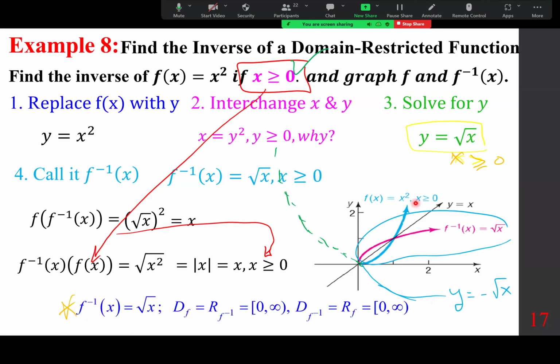So this part goes with this part. This half, if you choose x less than or equal to 0, is this half. Then it goes with this one minus square root of x. You can try that if you like.